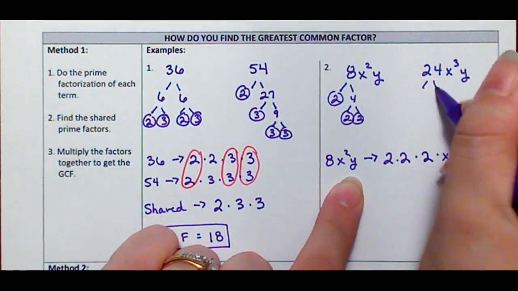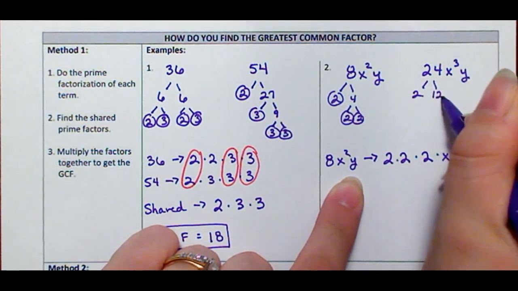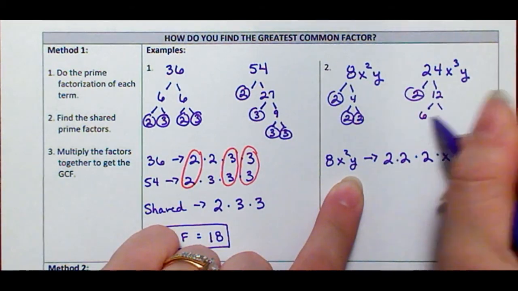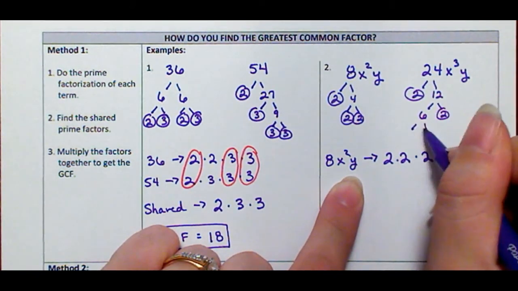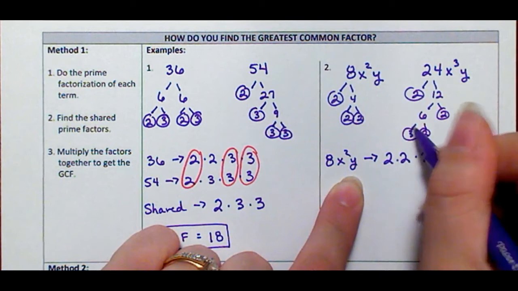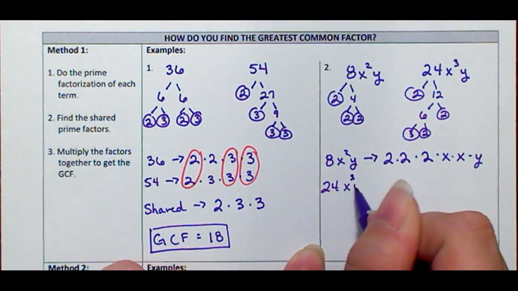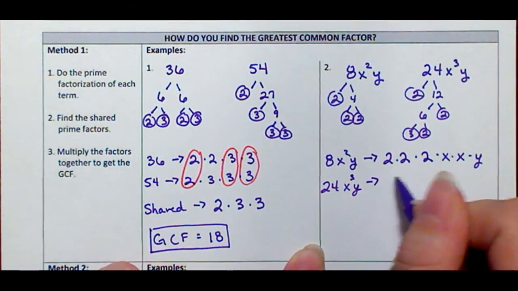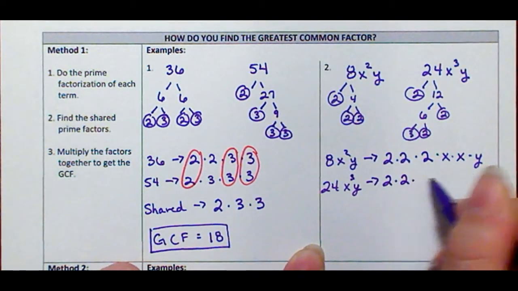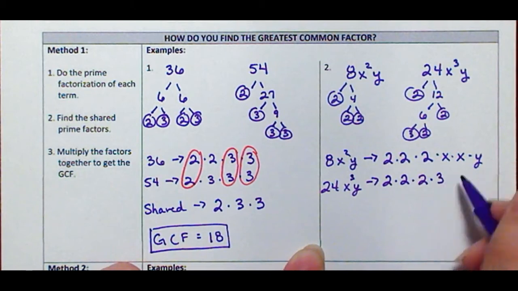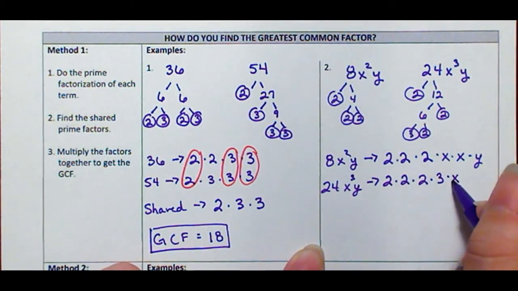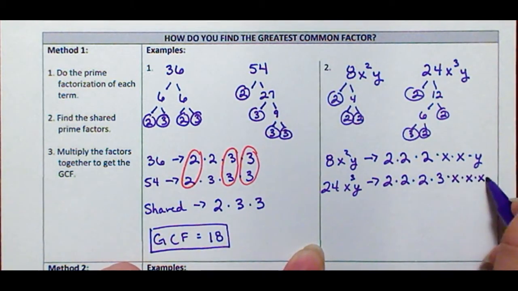Now 24, that would be 2 and 12, then 6 and 2, then 3 and 2. So 24x cubed y is 2 times 2 times 2 times 3 times x times x times x times y.